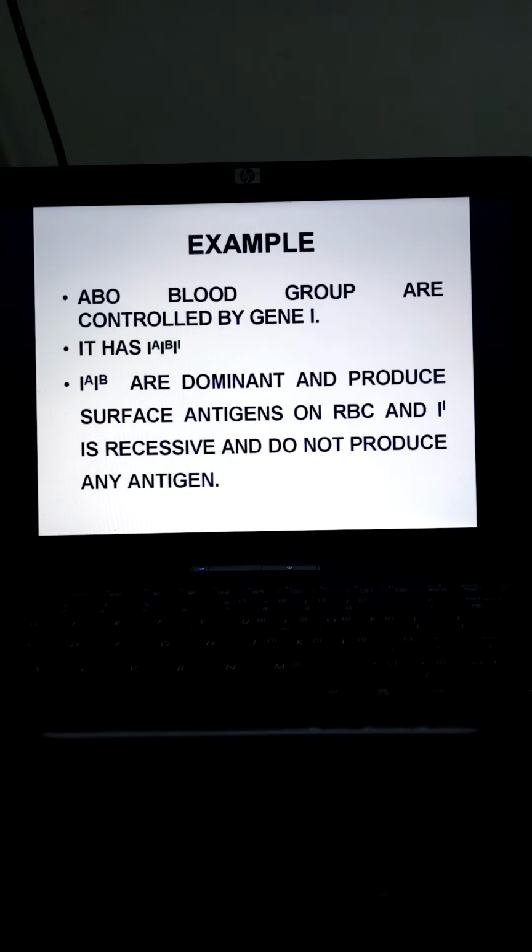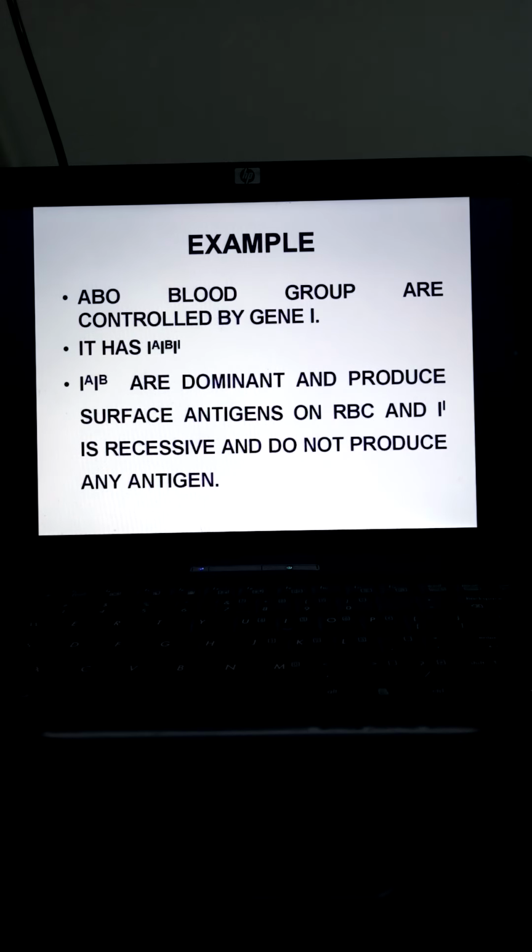So if ii is present, that means the blood group will become O. O actually does not mean the alphabet O. In biological terms, O means 0. That means the person who has O blood group, or 0 blood group, will not have any kind of antigen present on the surface of the RBC.